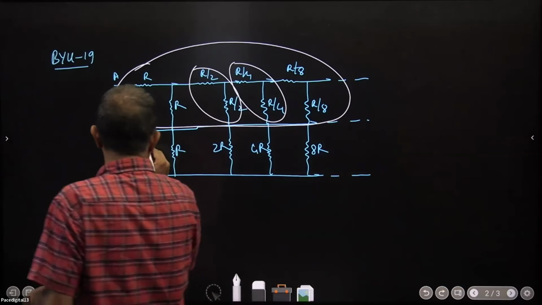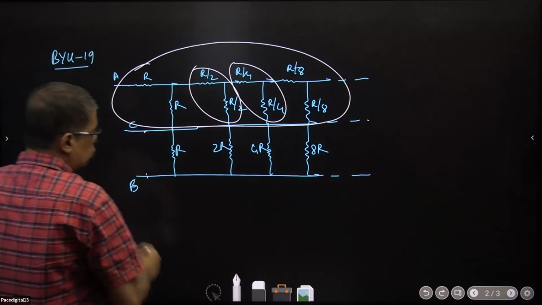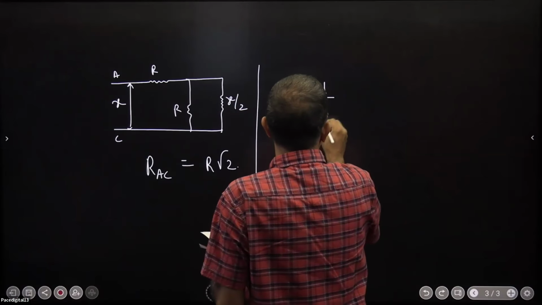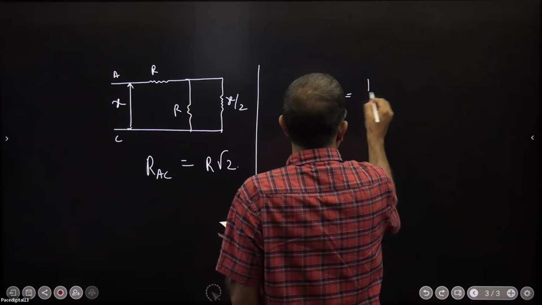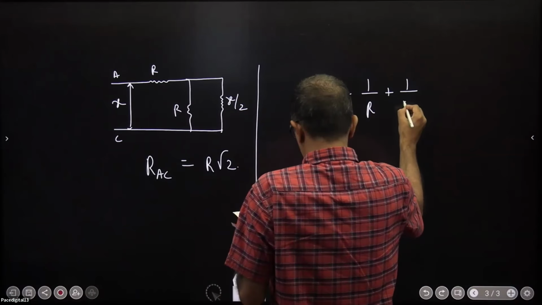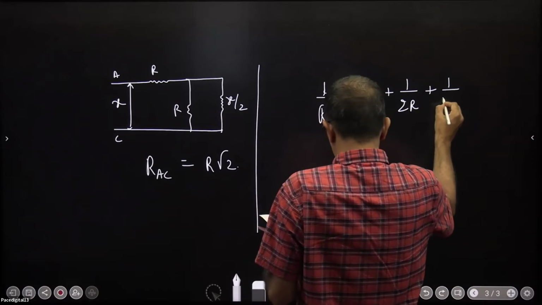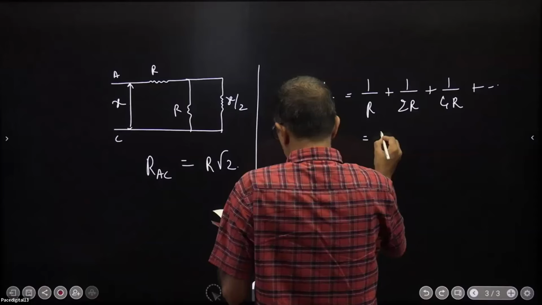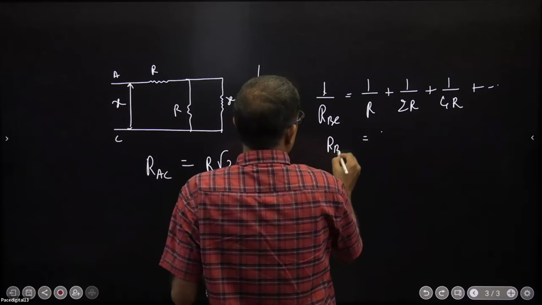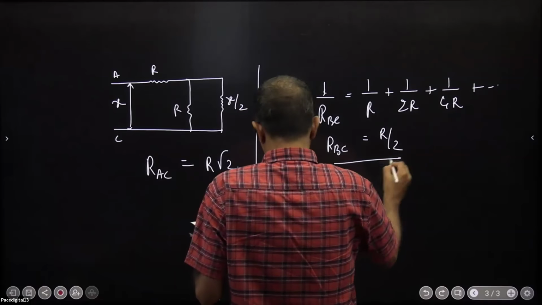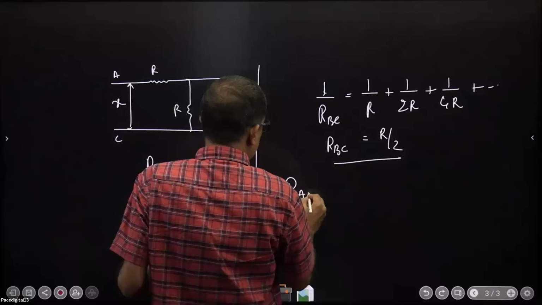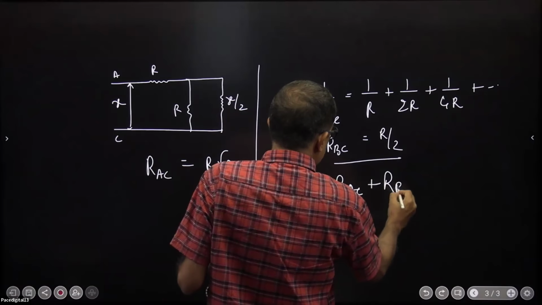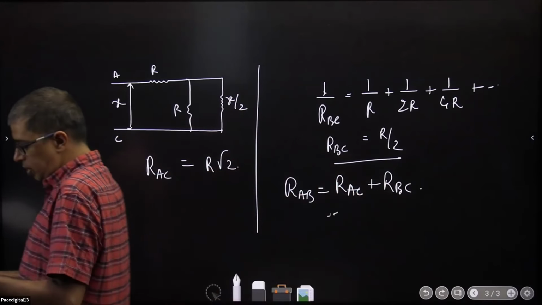Now see, I am speaking about RBC between these two. 1 by RBC is equal to 1 by R plus 1 by 2R plus 1 by 4R, and so forth. RBC will become R by 2. RAB will be equal to RAC plus RBC. Add both of them, that should be your answer.